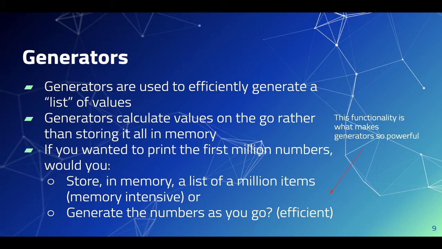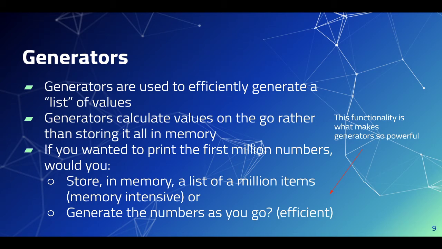Generators are used to efficiently generate a list of values. So yes, that's a kind of vague definition, right? We use generate in the definition, but it's pretty simple. They generate values on the go. So instead of storing a lot of values in memory, just like a list, when you have a list, you're storing every single element in that list in memory, right?